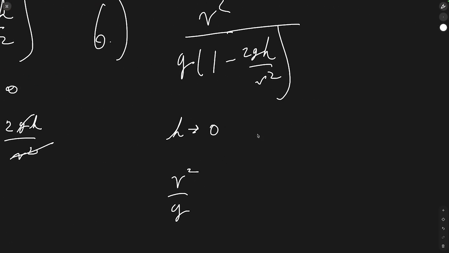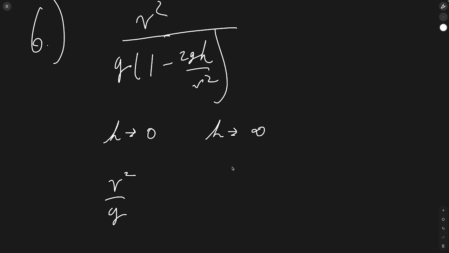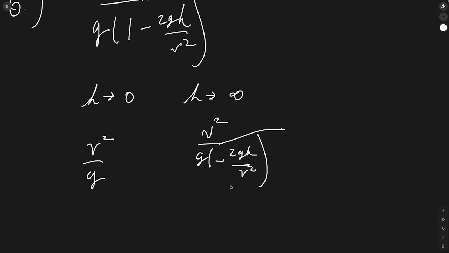And then what about when h goes to infinity? Then we have v squared over g times this negative twice gh over v squared thing going on. And I don't really like that.